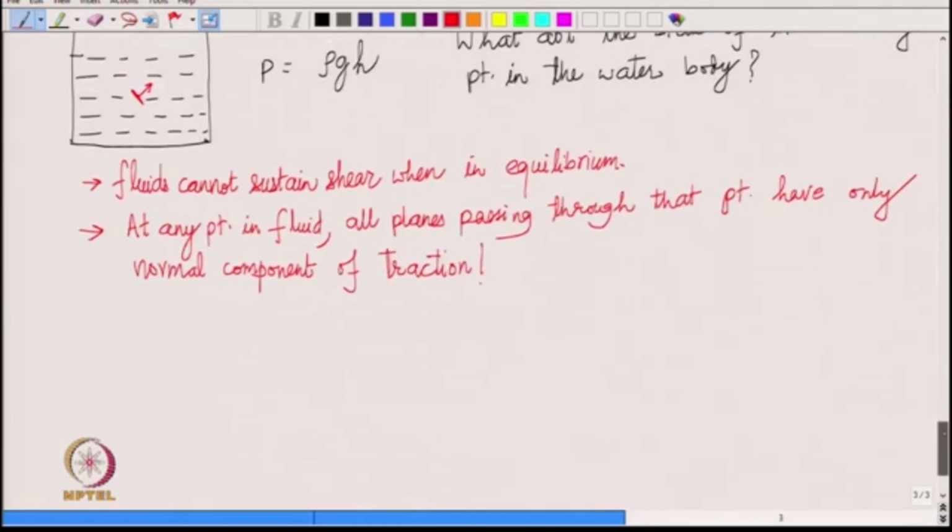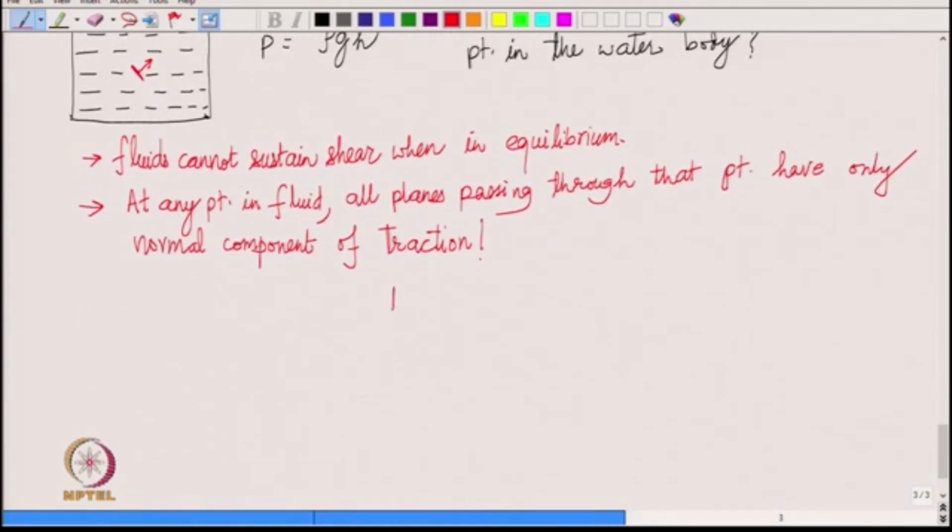Okay. What does this mean? So, T at any point x in the fluid body and on any plane n, where n is the surface normal direction, that is equal to, the traction has to be along the normal itself.